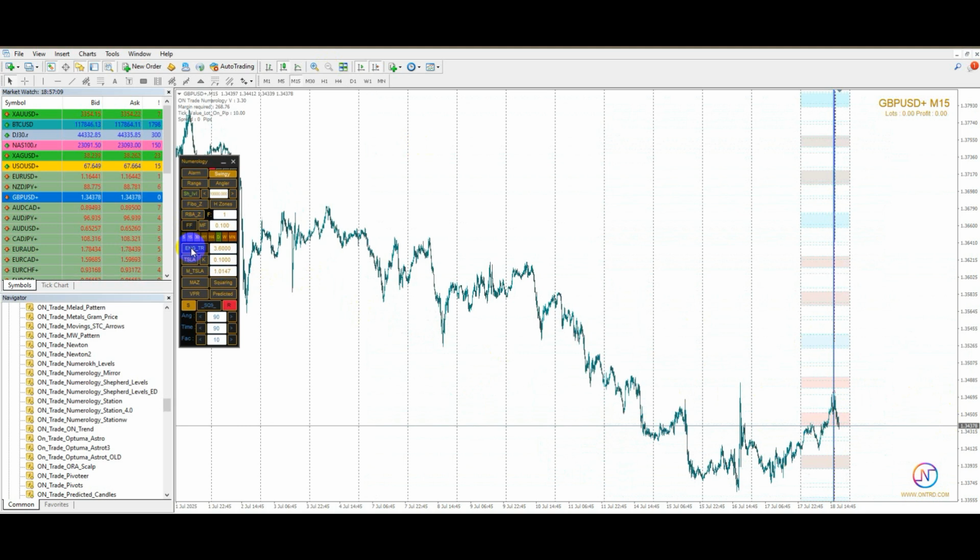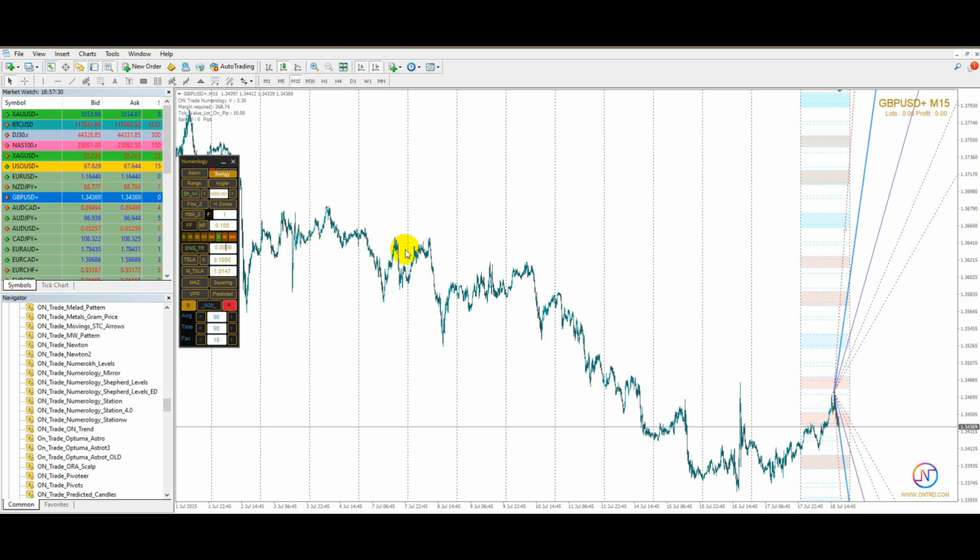ENG trend is numerology trends that we can adjust the buffer for by dividing by 10, like here where I am dividing.